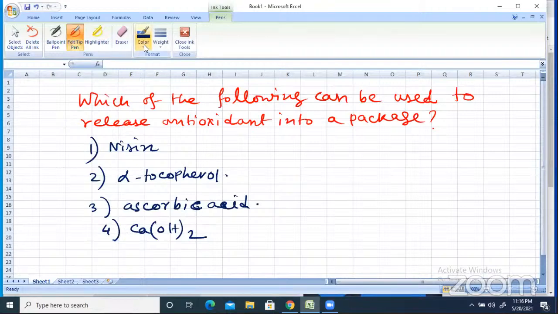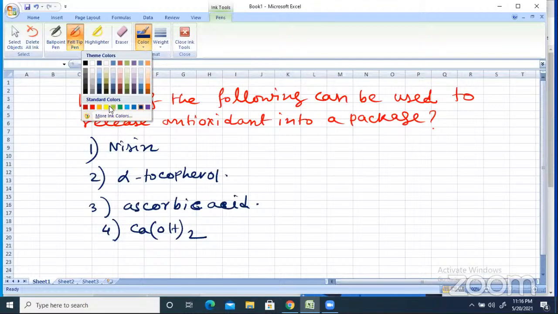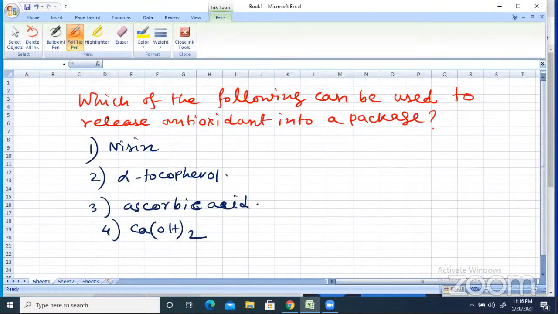What is missing, sir? Is it antibiotic or antioxidant? There are so many antimicrobial compounds, antifungal, antimicrobial. Ascorbic acid is also an antioxidant. But actually, it is released by some material.